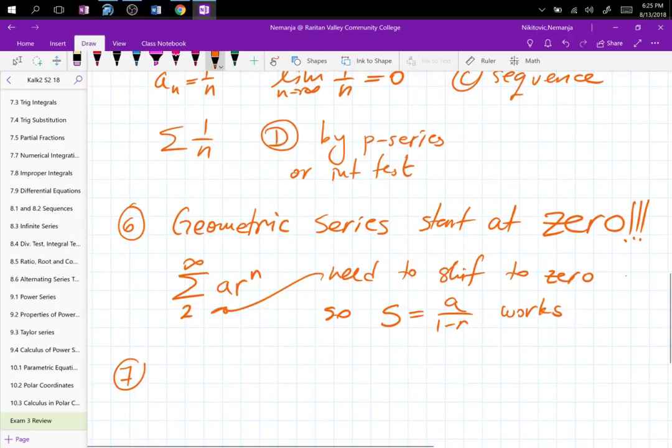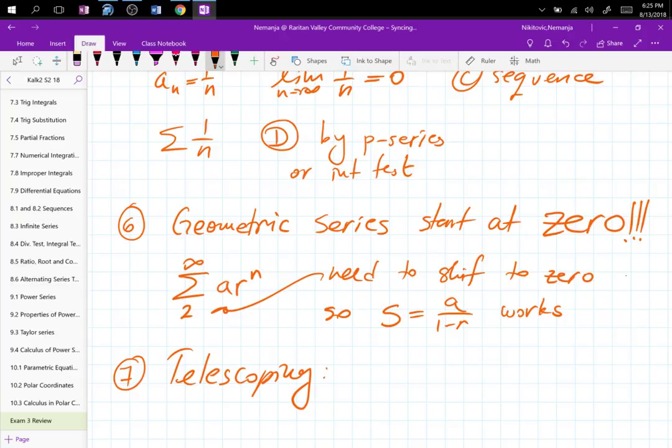Number 7, telescoping. Watch for partial fraction decomposition.